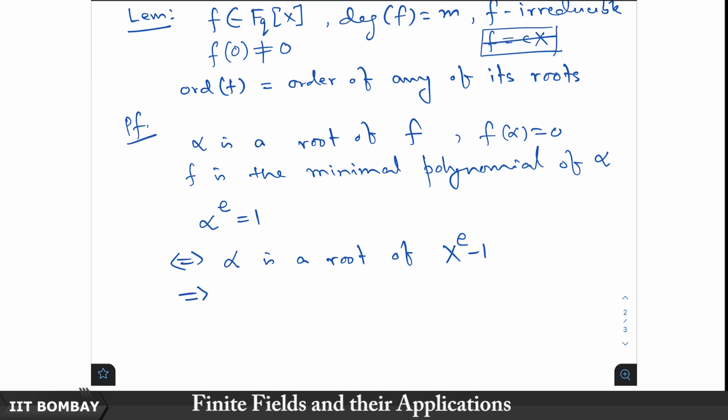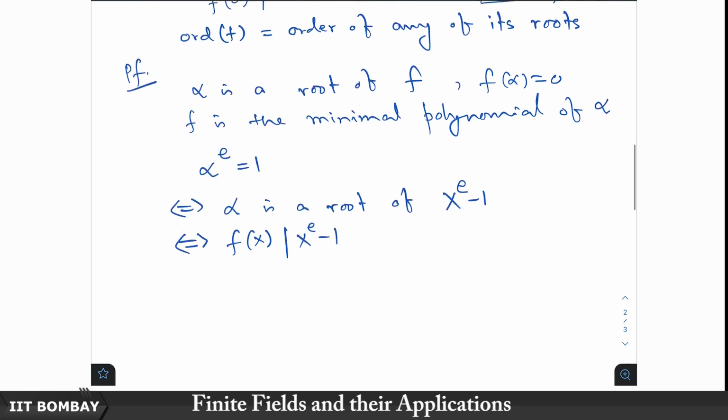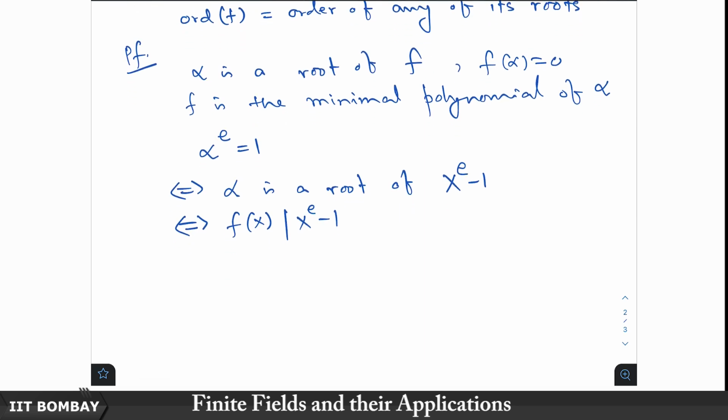Now, because f is the minimal polynomial of alpha, this is true if and only if f(x) divides x power E minus 1. Alpha is a root of any polynomial if and only if that polynomial is a multiple of its minimal polynomial, which is f(x). So, now the order of alpha is defined as the smallest E for which the first statement holds.